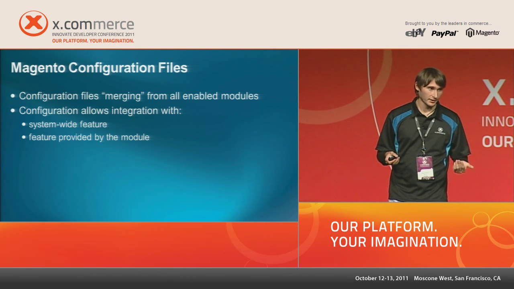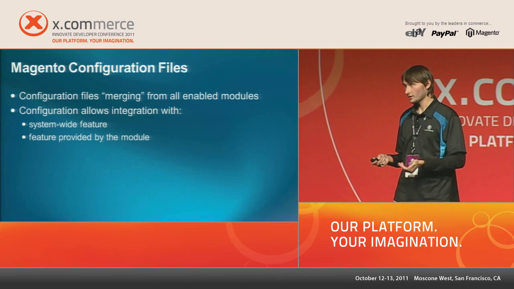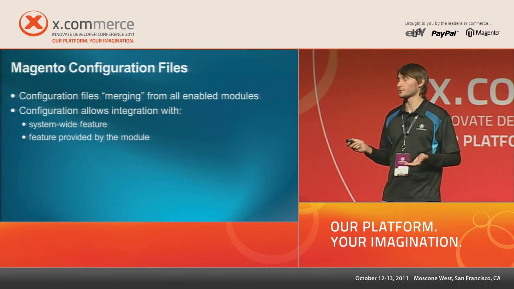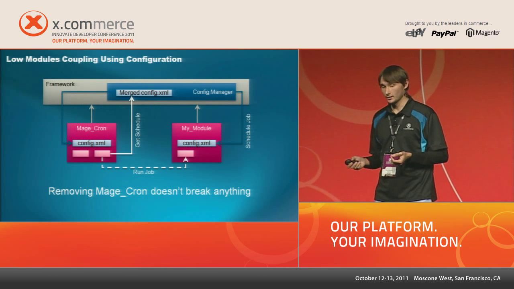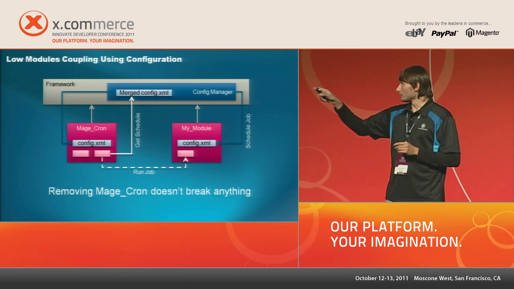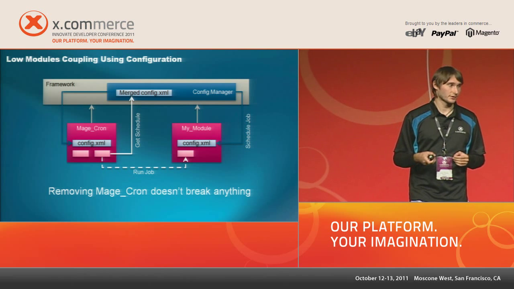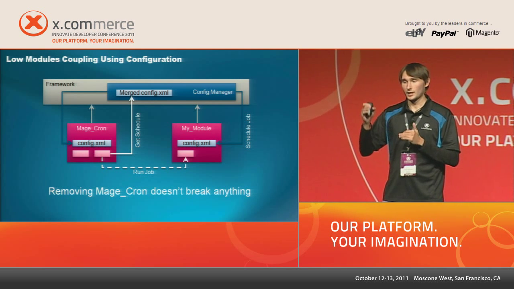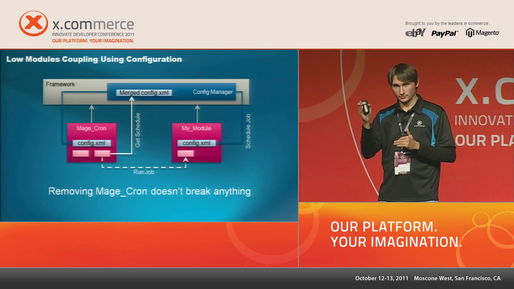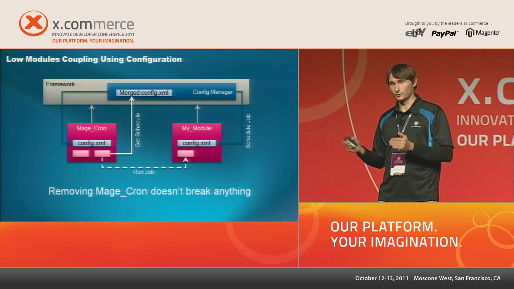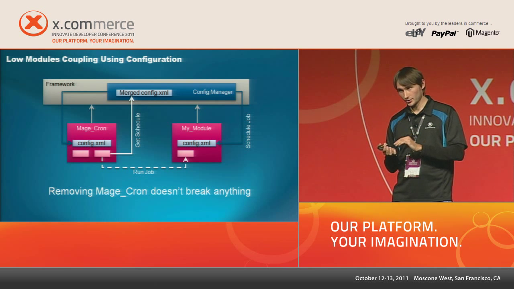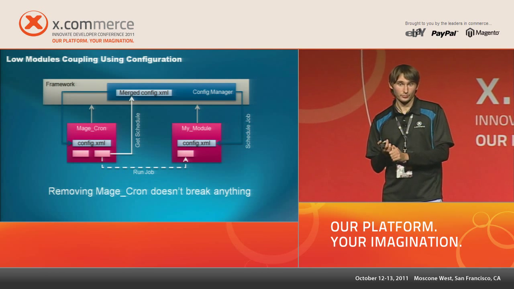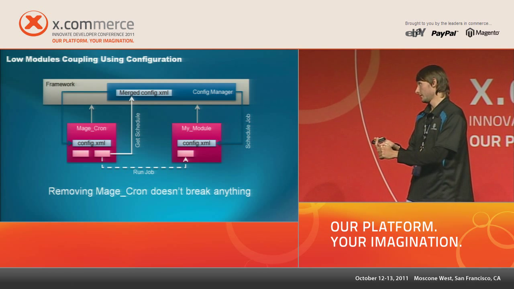So how does this help to implement our cron job scheduling? Let's look again at our example. Let's say a Magento module introduces a new section in our configuration, which provides nodes for specifying a cron expression for matching time and the job that should be executed at this time.